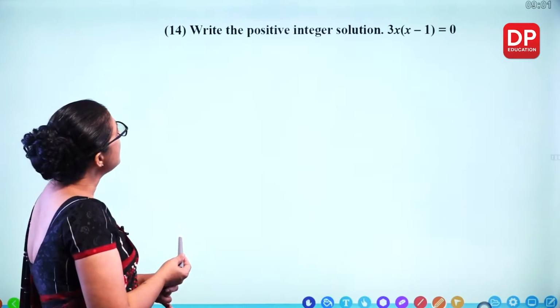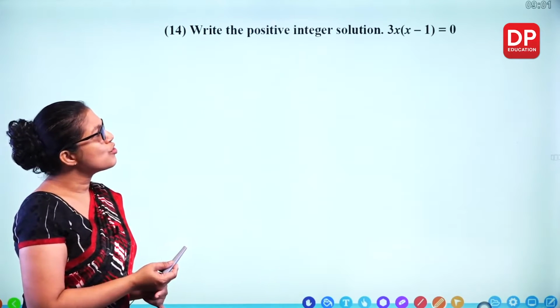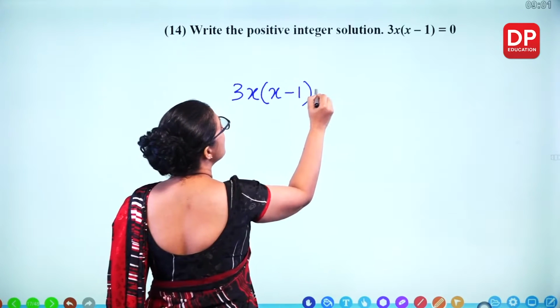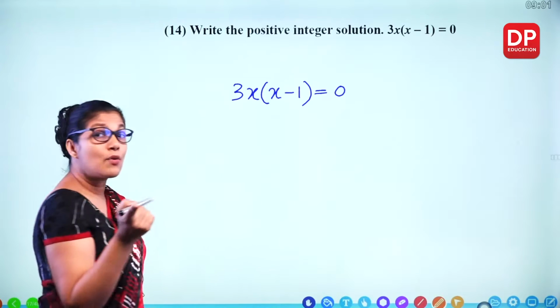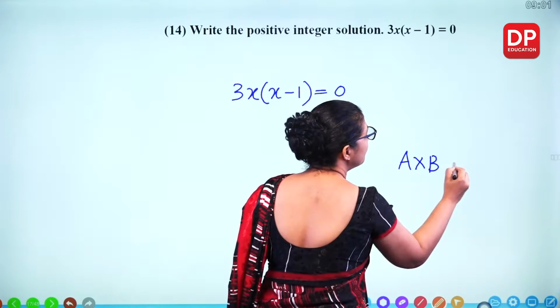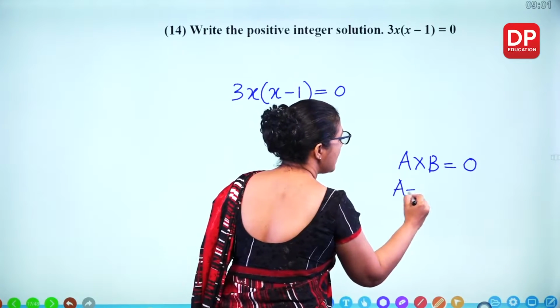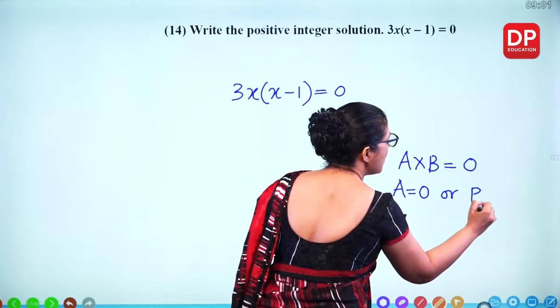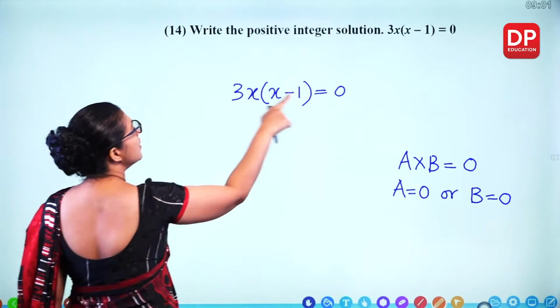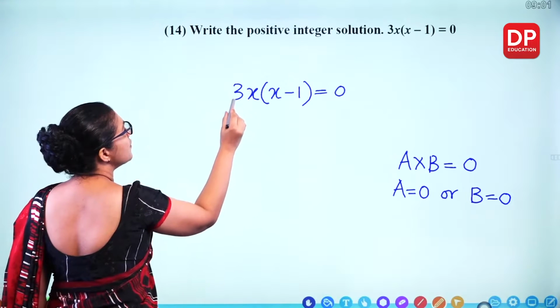Question number 14. Write the positive integer solution of 3x(x minus 1) equals 0. Product is equal to 0. So if product is 0, you can say either A is 0 or B equals 0. So what are the two terms here? 3 you don't need.